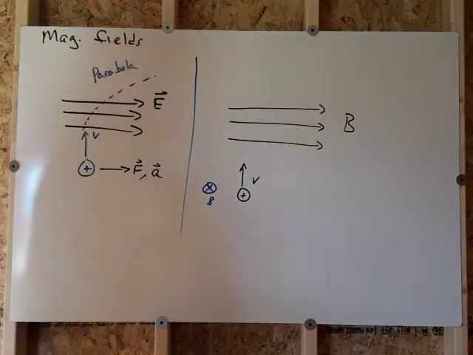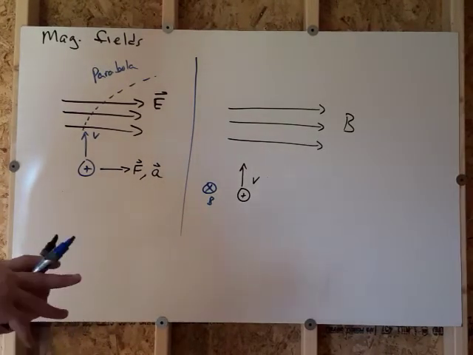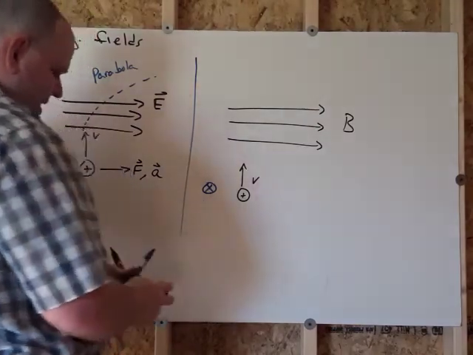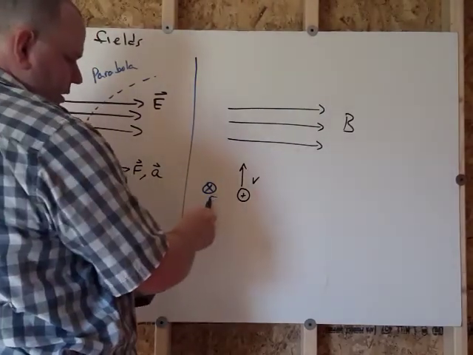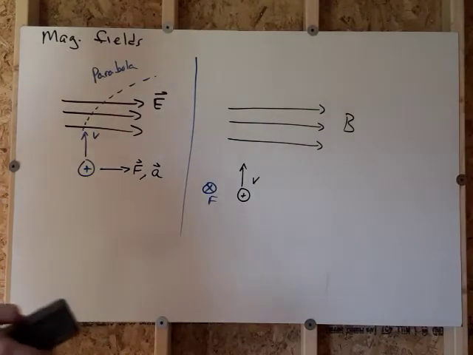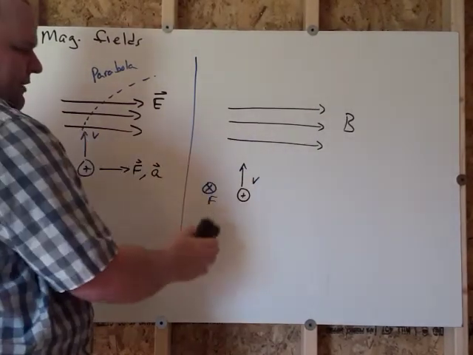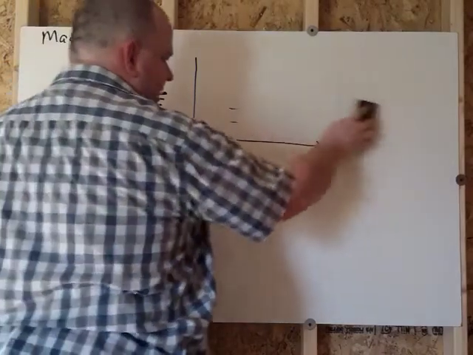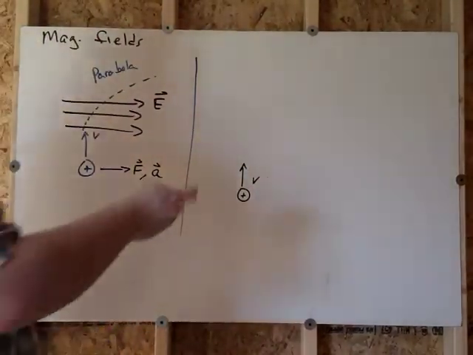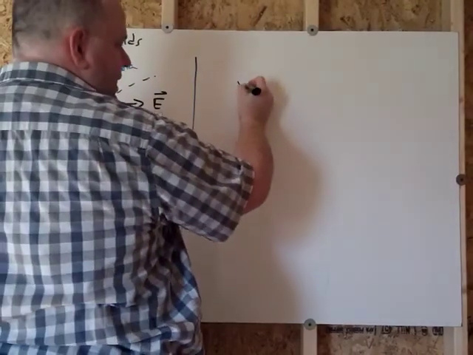That's going to end up causing it to rotate a bit. I'll show you what I mean. This is not B, this is F. So I'm going to draw this slightly differently. I'm going to draw the magnetic field into the board instead. Into the board is, if you remember, X's. I'm just going to put X's here.